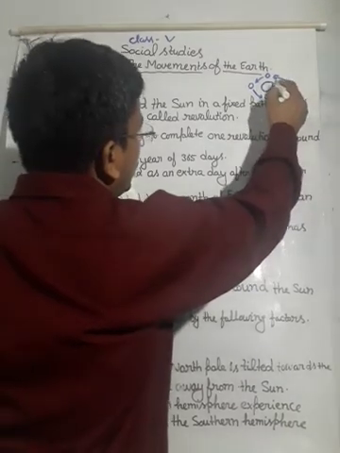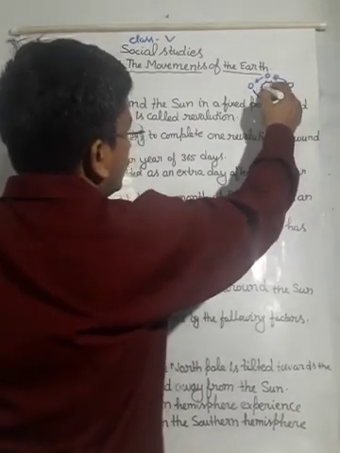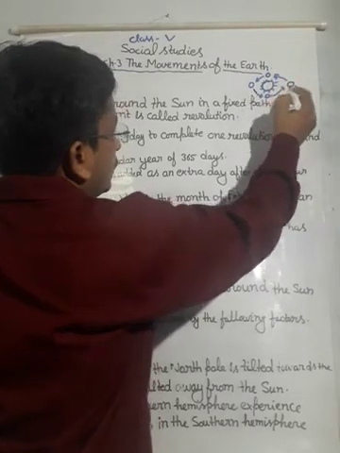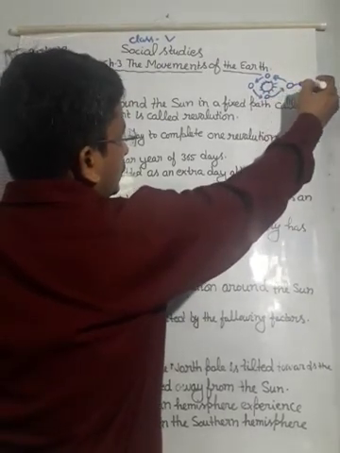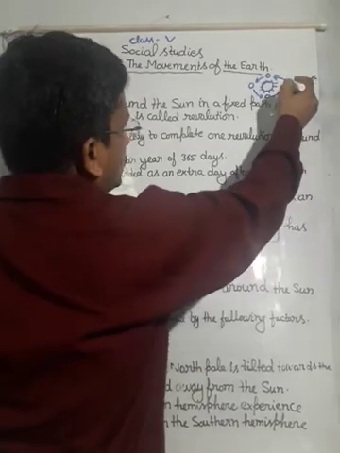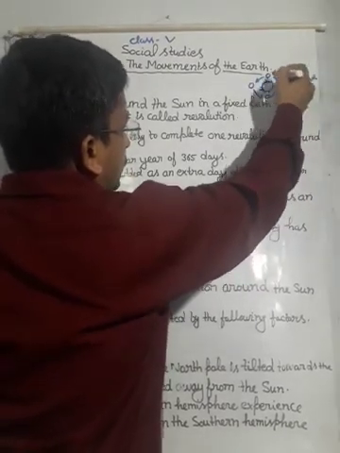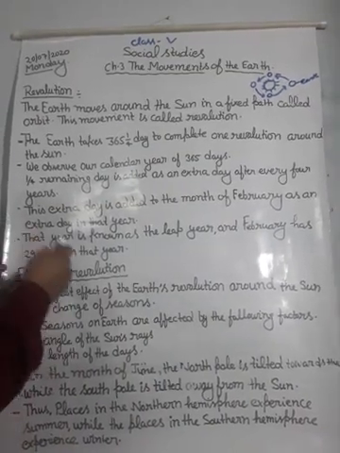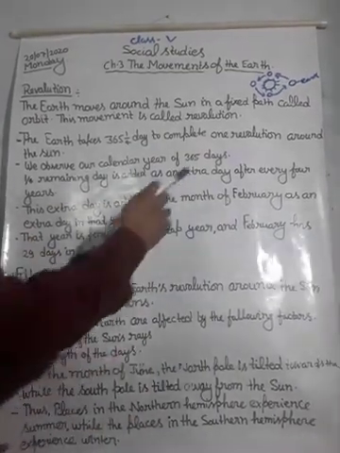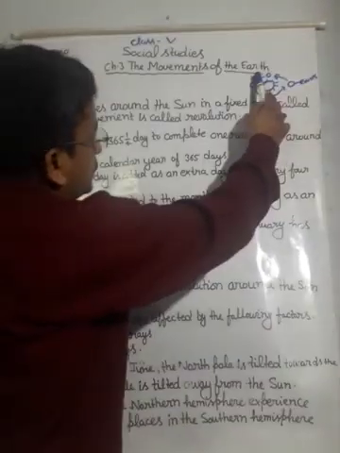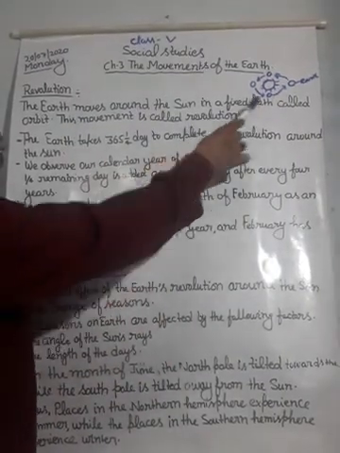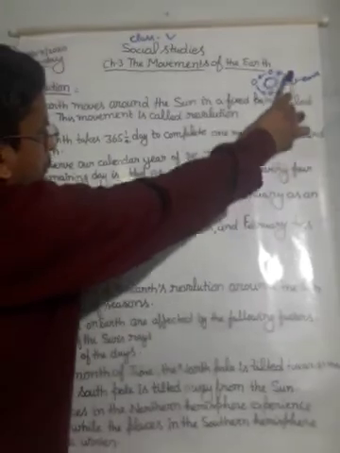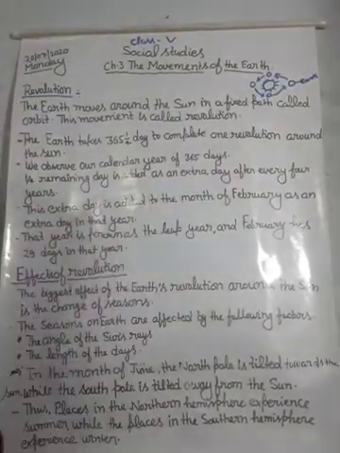What can we say? The Earth is moving around the Sun. In the same way, all the planets of the solar system move around the Sun in a fixed path, and this fixed path is called an orbit. So this movement is called revolution.